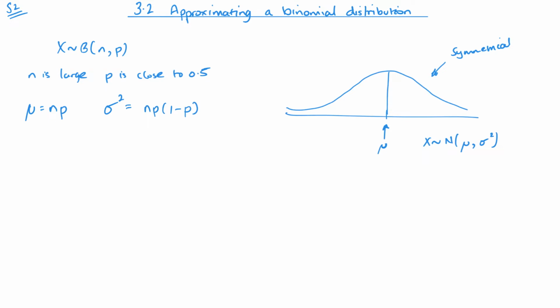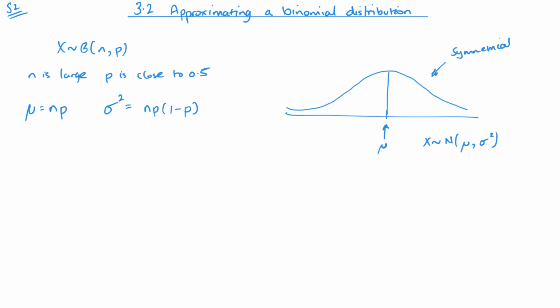We couldn't deal with it with what we had available at A-level. So in those questions, when you see that n is greater than 50, there's a huge implication that you're probably going to be using an approximation, whether that's Poisson or normal.